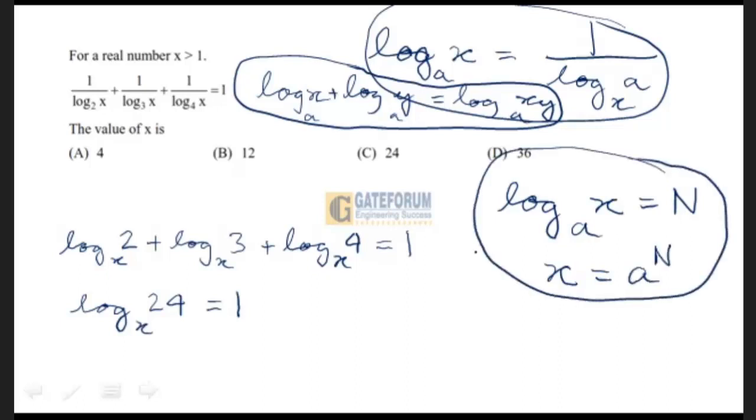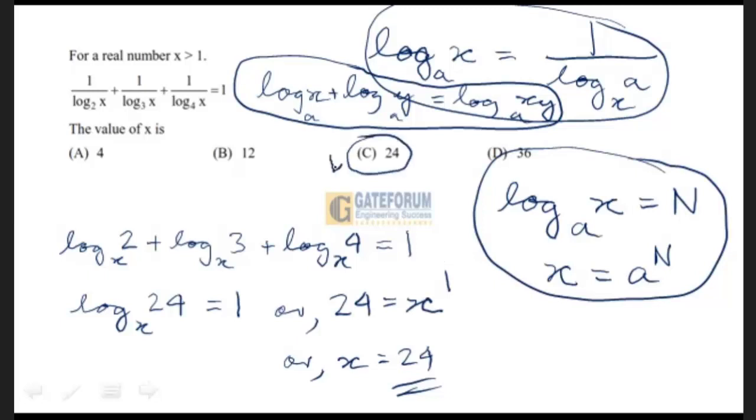This is how we can convert logarithm to indices. And likewise, here we can say that 24 must be equal to x to the power 1, or x is equal to 24. This is the shortest possible way to do this, and option C is the correct answer. Right.